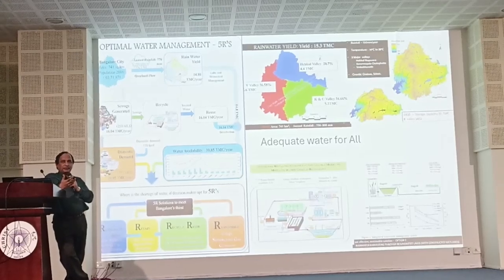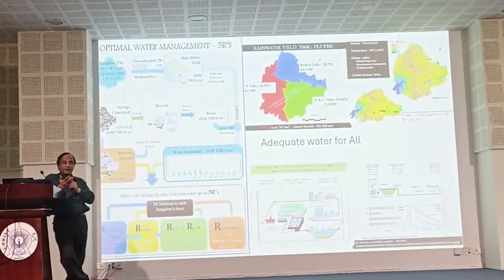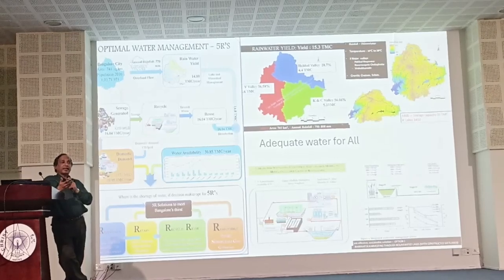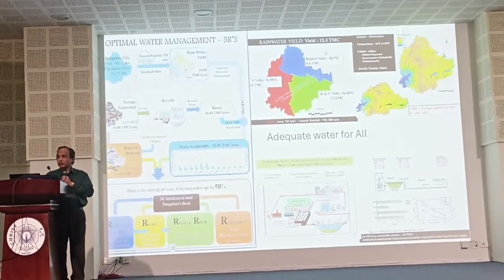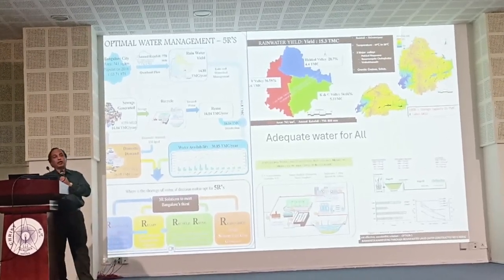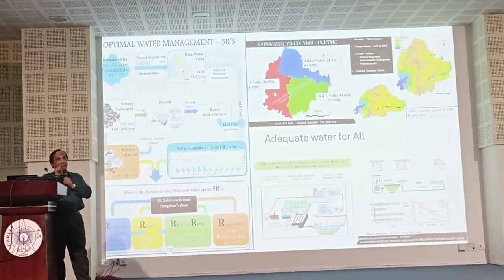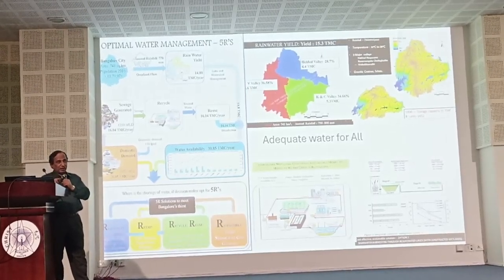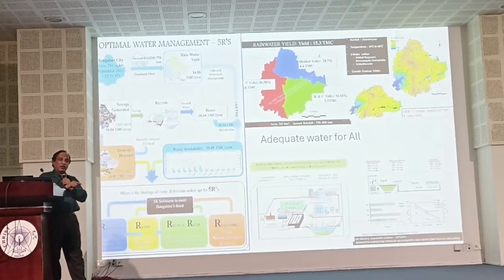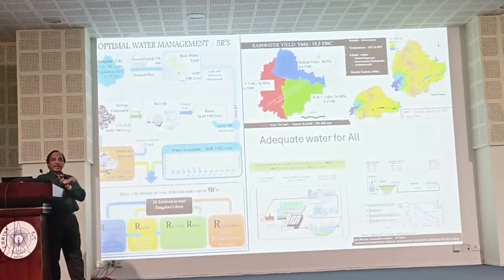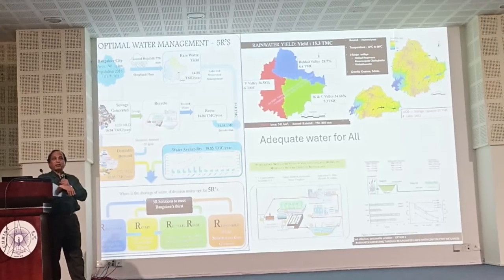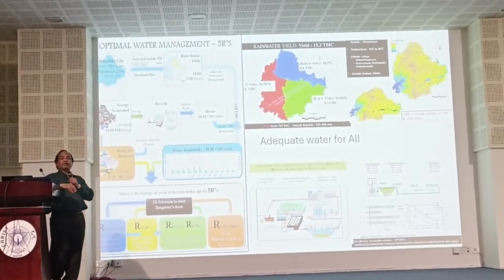When it rains, I did the quantification to find out how much rainwater I get. In Bangalore, I get about 15 TMC of water. That means in a region where 18 TMC of water is required, you have 15 TMC of water in the form of rain. Now, if you catch rainwater, you have solved the problem of water requirement by 70%.